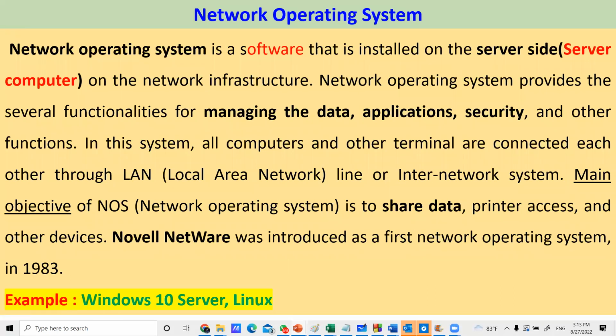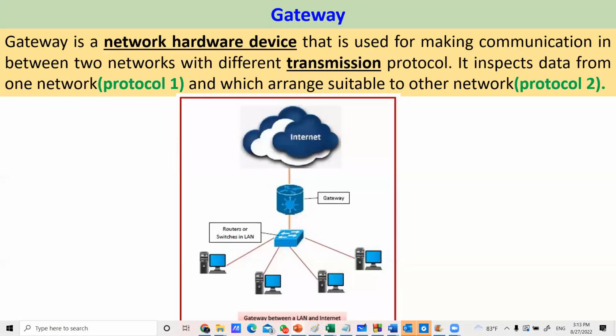Then another term, gateway. Gateway is another device used in the network. Here the difference is that this one is also used to connect two different networks. Earlier, we also used a bridge to connect two different networks.